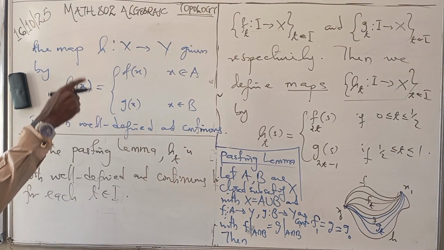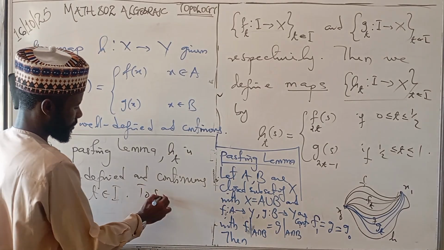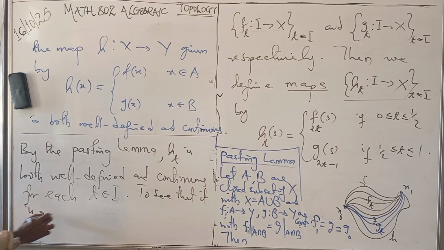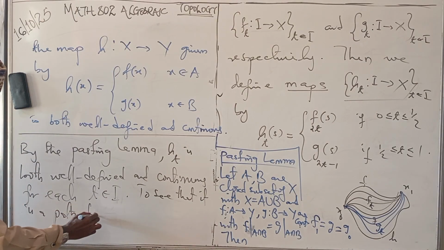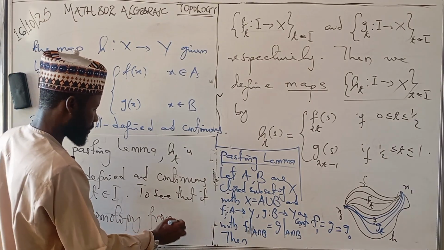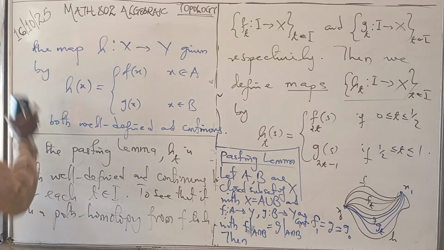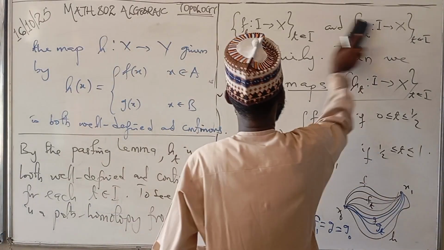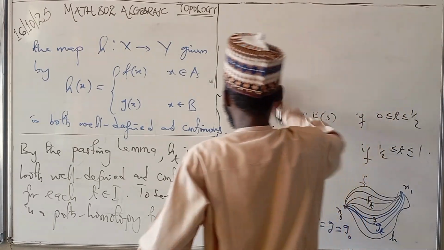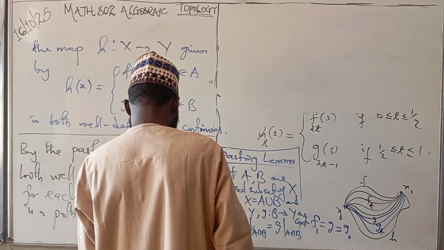To see that it is a homotopy, a path homotopy, from F to H, not to G, we check the four conditions. So what are the conditions?